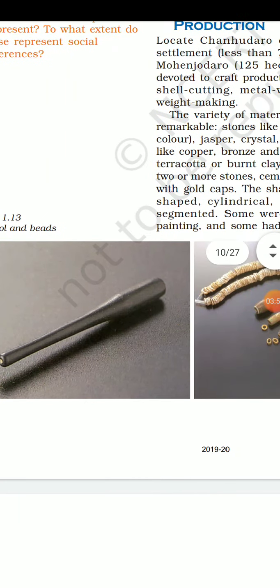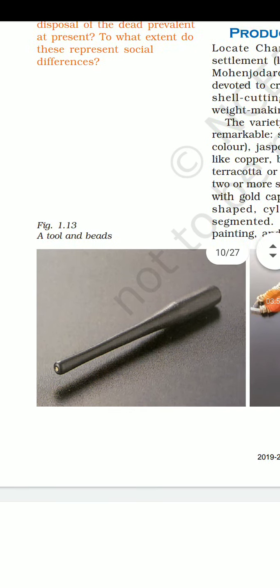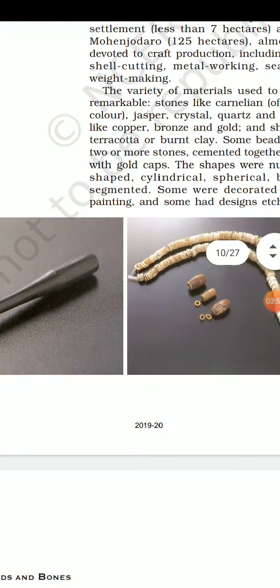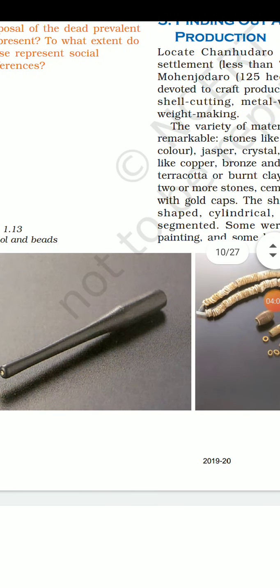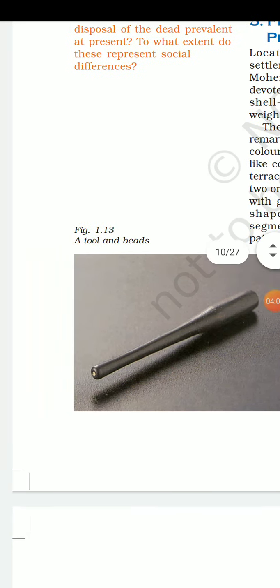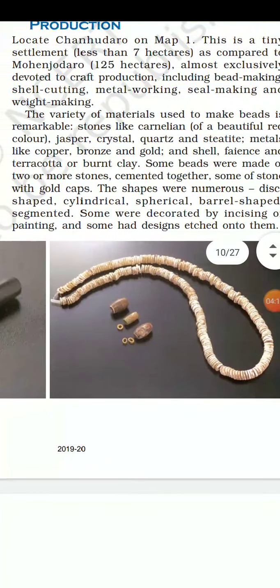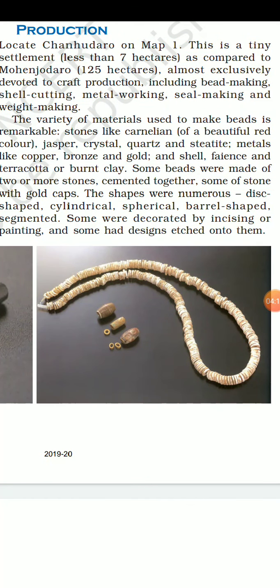There are a tool and beads, two figures. This is the tool through which this necklace and other jewelry used to be made, and in this figure you may see some beads pictured.